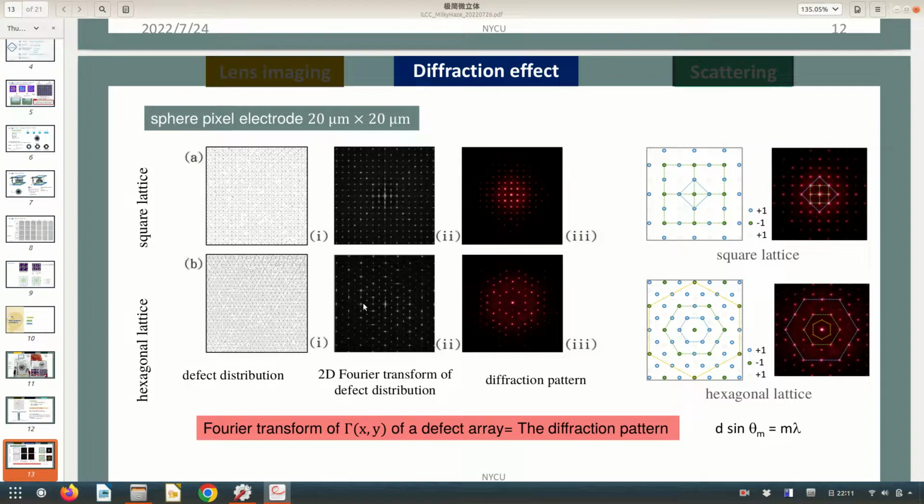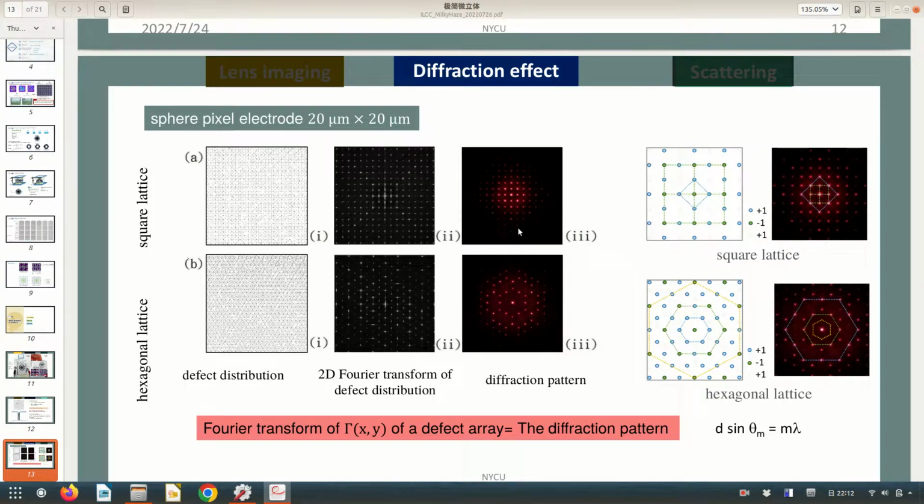We can take the distribution of the defects, which is directly related to the optical path difference, then do a two-dimensional Fourier transform. The result is a spectrum of spatial frequency of the defect distribution, and the spatial spectrum is just the diffraction pattern, so we can compare them.